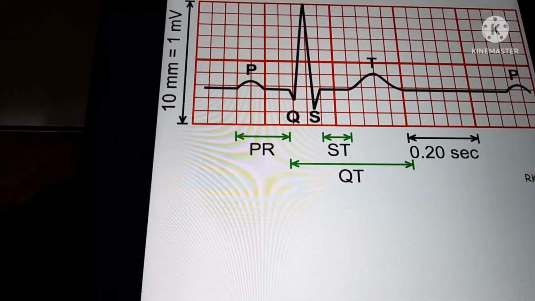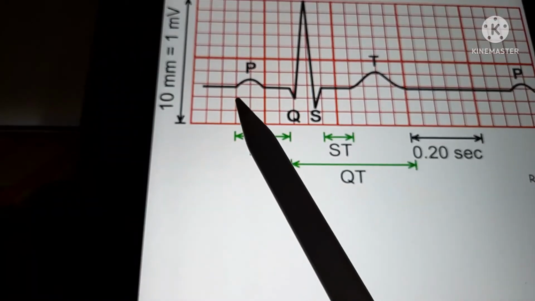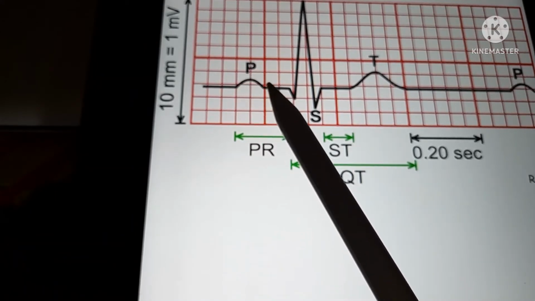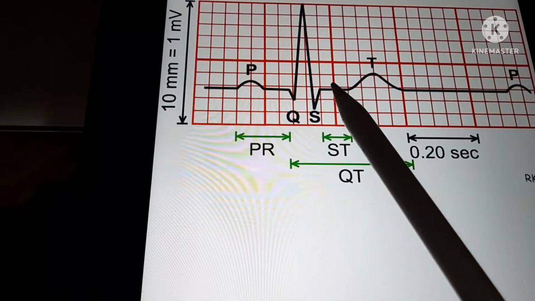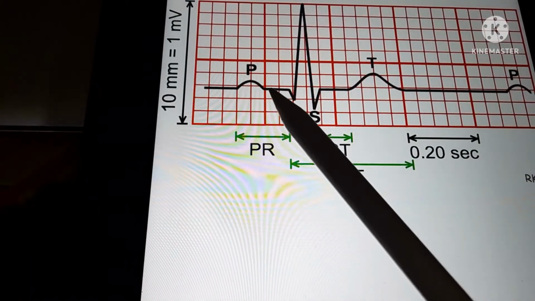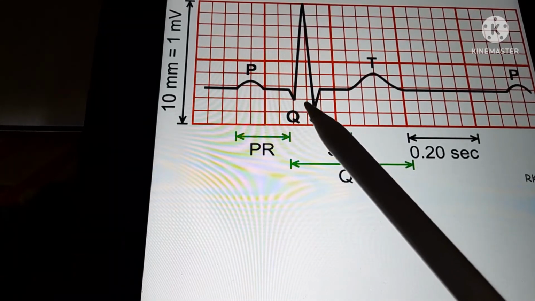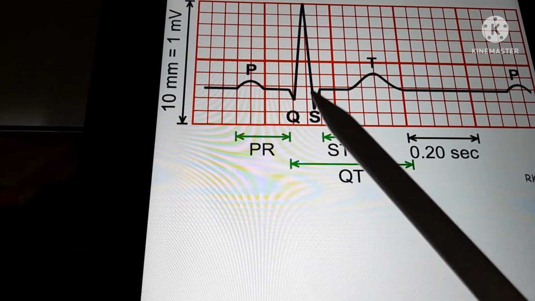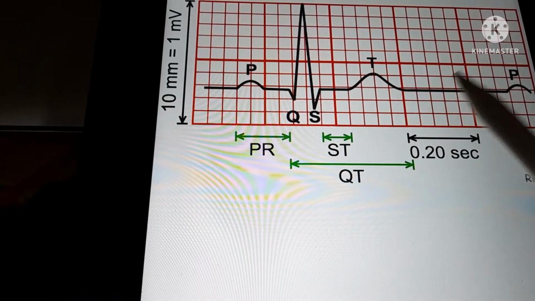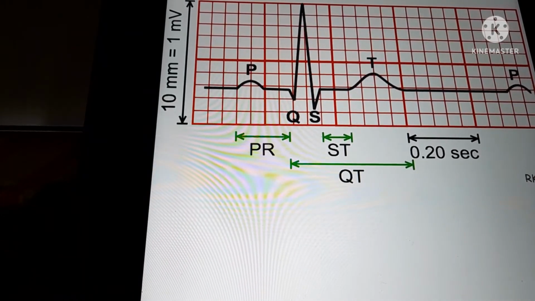A normal ECG has a normal P wave, QRS complex, and T wave. P wave is due to atrial depolarization, or we can say atrial contraction. QRS complex is due to ventricular depolarization, and T wave is due to ventricular repolarization.